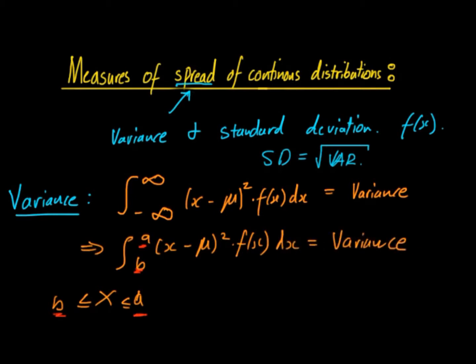Just to point out, that symbol refers to the mean. In the previous video on measures of central tendency, we looked at how to calculate the mean. So you should be able to calculate the mean of the continuous distribution, sub that value in, x minus that, square it, multiply by whatever f(x) is, anti-differentiate it, and you can find the variance.